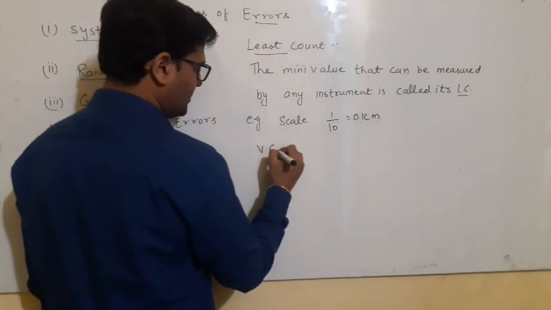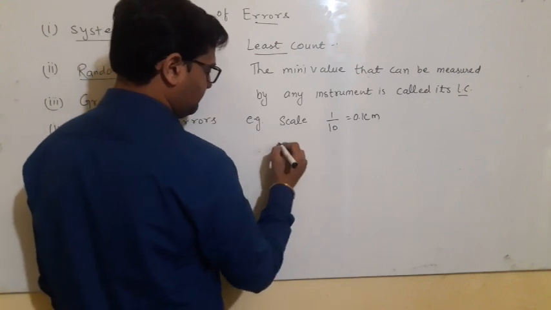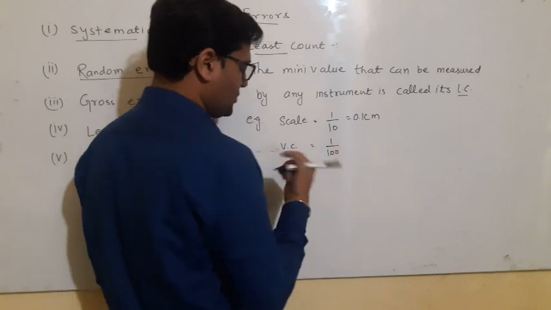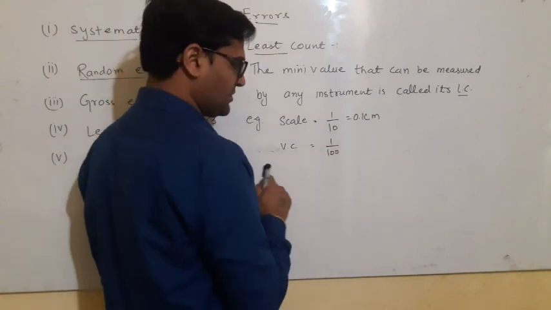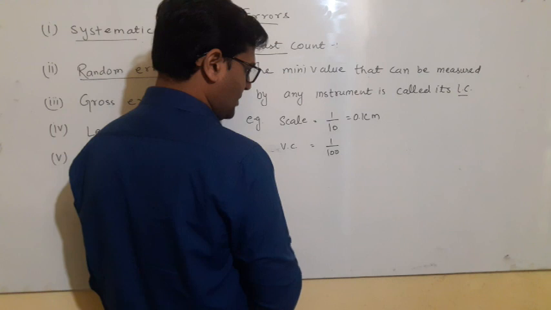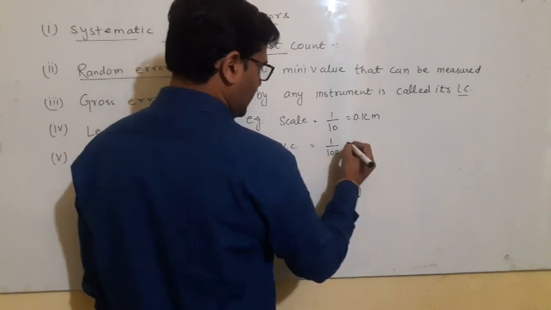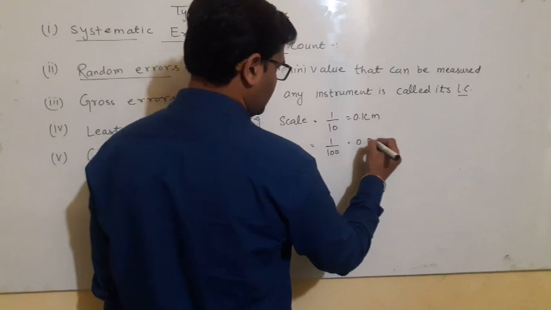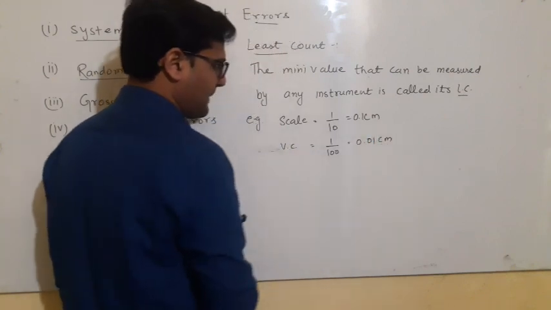For vernier caliper, that is 1 by 100 because 100 divisions are there, that is 0.01 centimeter.